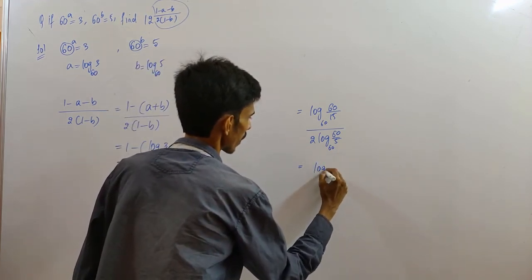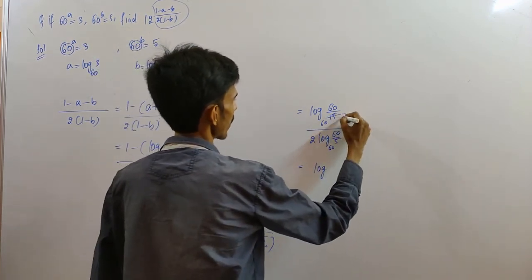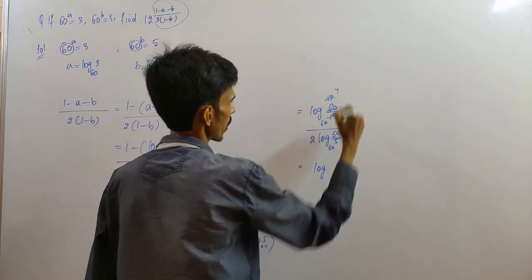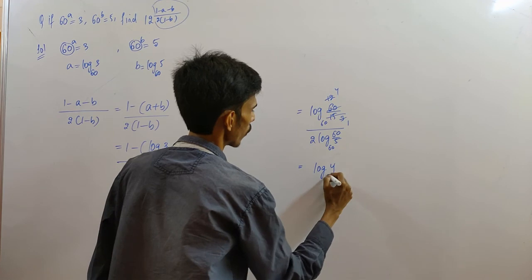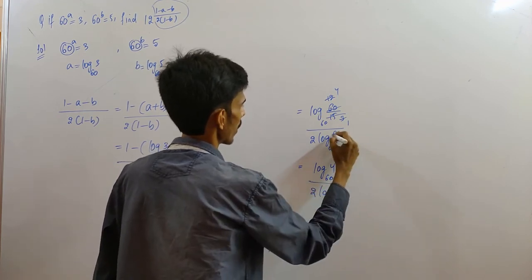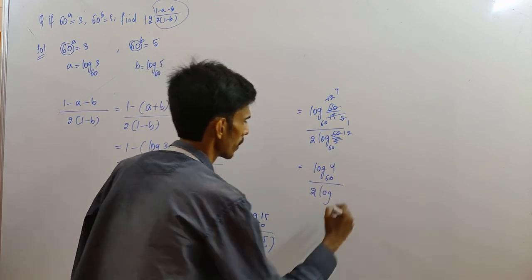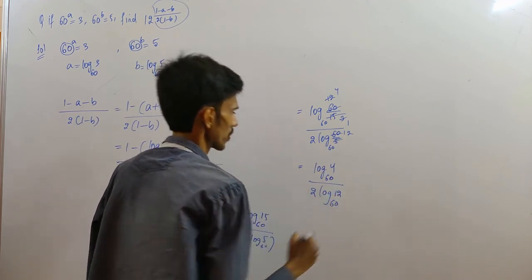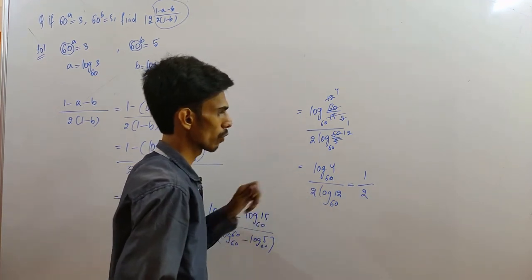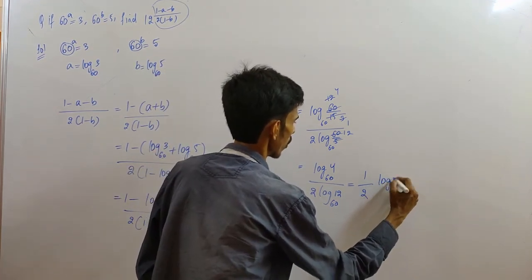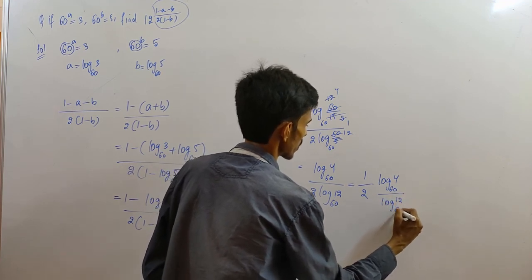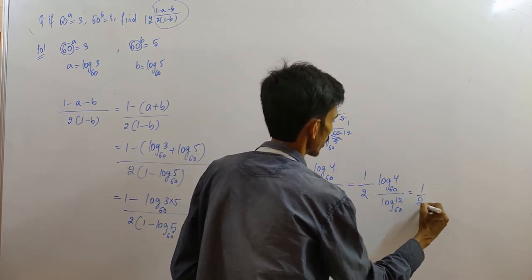Now cancel: 5 3s are 15, 60 divided by 15 is 4, so it will become log_60 4, divided by 2 log_60 12, since 60 divided by 5 is 12. This can be written as 1 by 2 times log_60 4 over log_60 12.